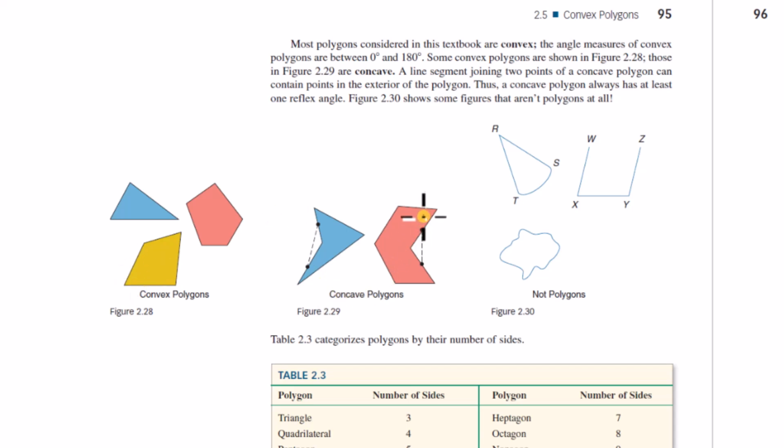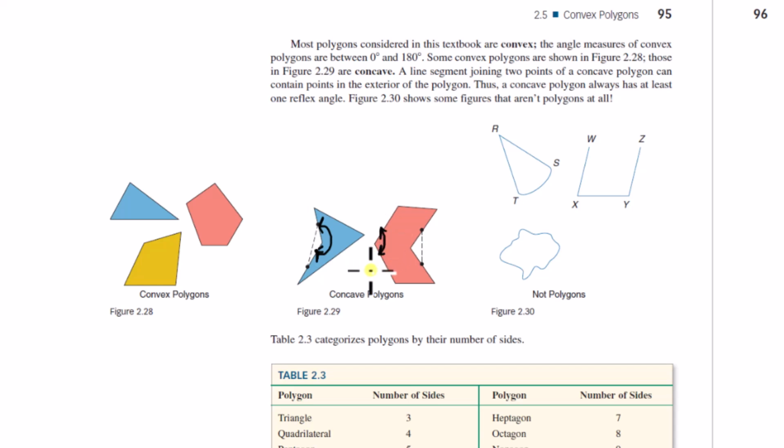But now here's an example of concave polygons. We can see that in concave polygons, there are some interior angles that are reflex angles greater than 180, right? Look at this angle here, the interior angle. There's at least one interior angle in a concave polygon that's greater than 180. That's more than a straight line. Same thing here.